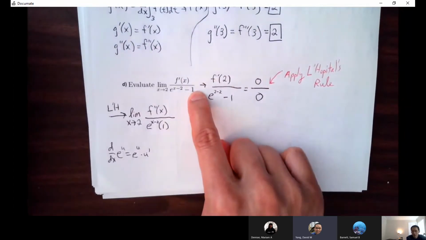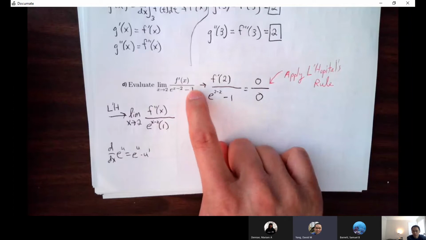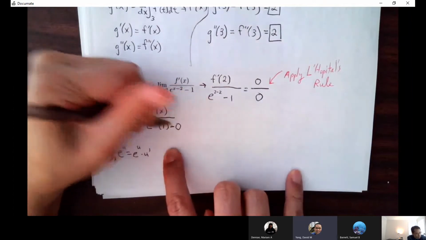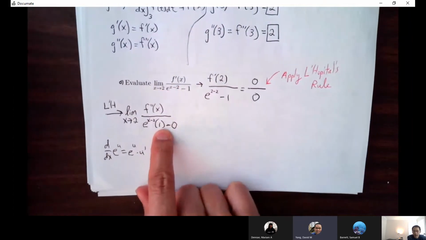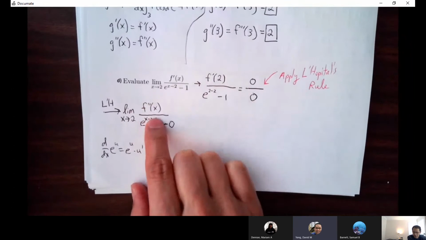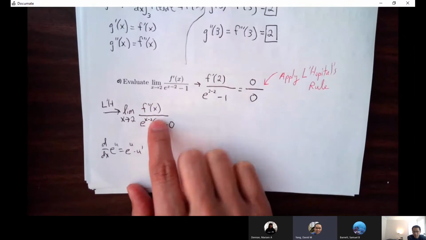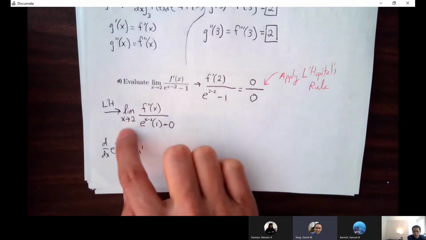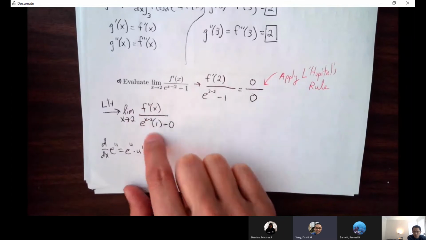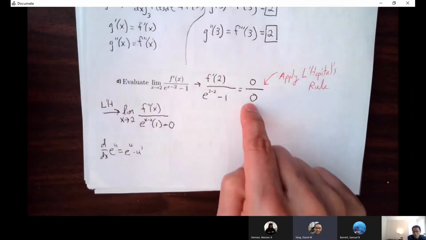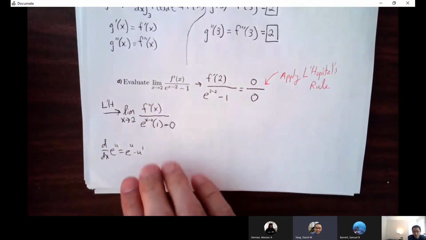Careful, this negative 1 is also being impacted by the derivative, so that's going to go to 0. So now we have a simpler version of our limit expression. Now I'm going to reevaluate, and the hope is that this will turn into something that's a real number instead of a 0 over 0 from before.